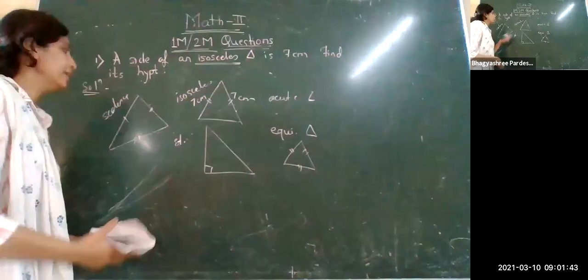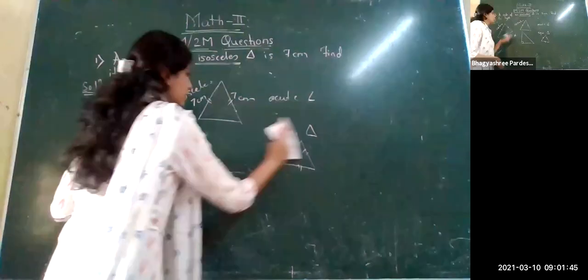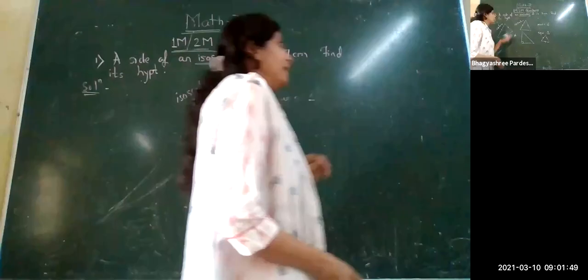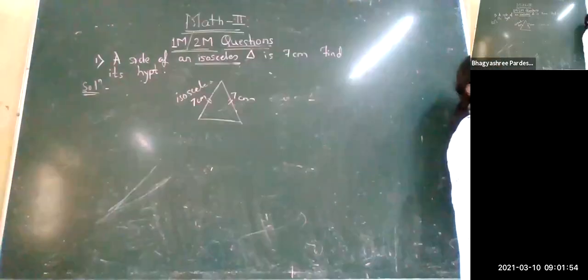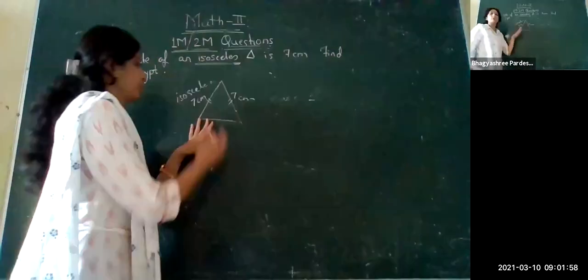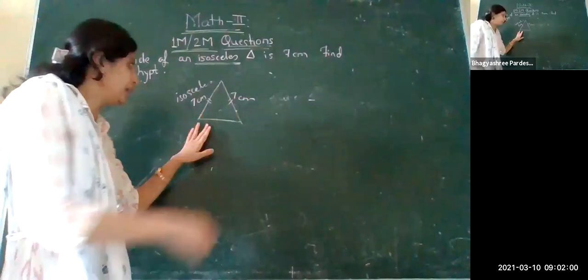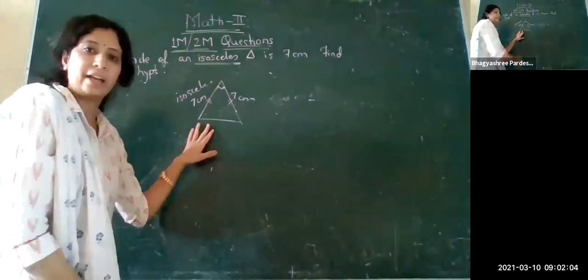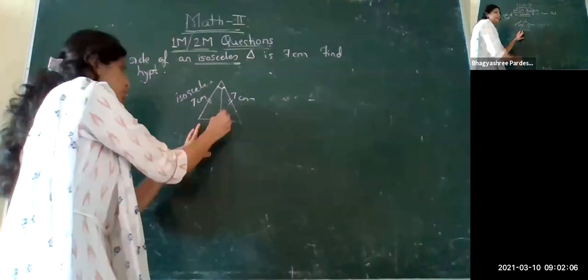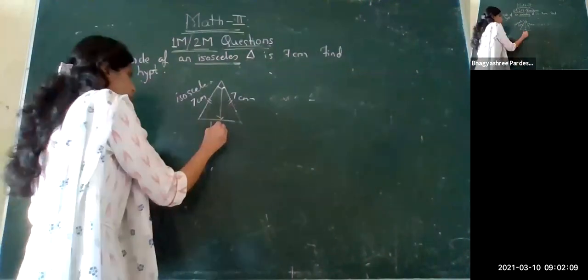Now, what is meant by hypotenuse? Hypotenuse means the side which is opposite to the 90 degree angle. Which will be the 90 degree angle here? Since these two sides are given to us, this will be the 90 degree angle, and the side opposite to it is the hypotenuse, which we have to find.